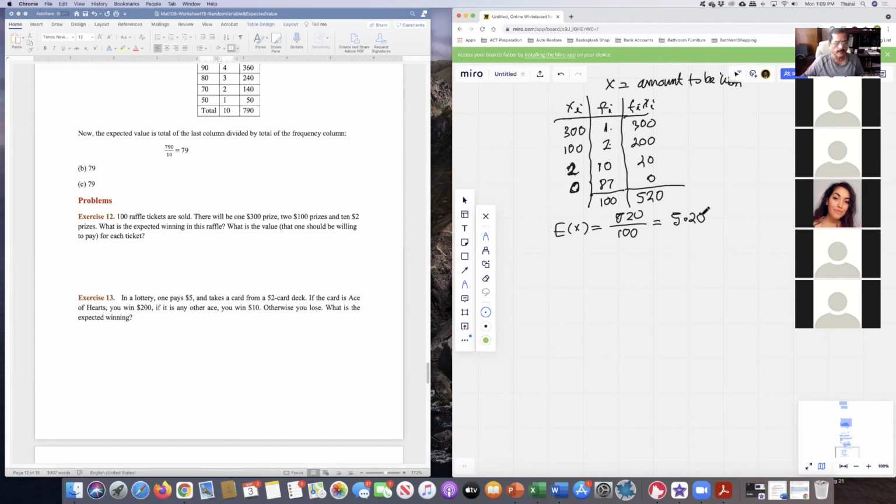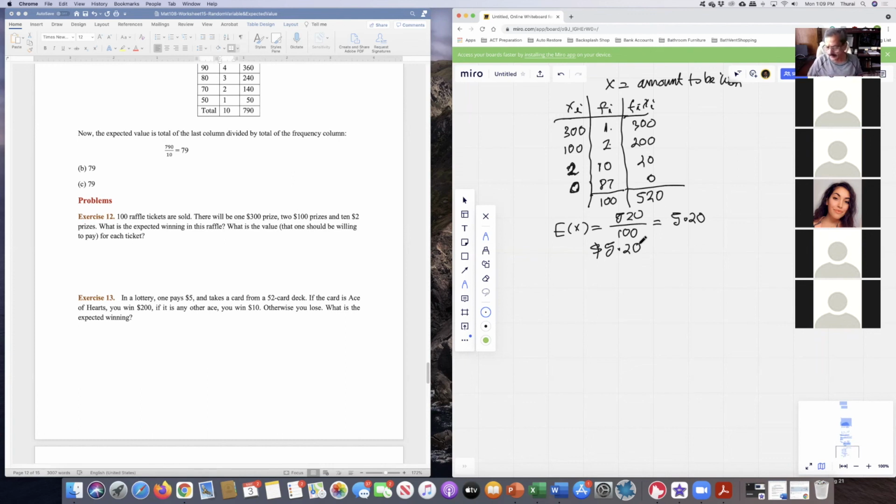So this is what we call expected winning. $5.20, that's your expected winning. So the expected winning is the price you're willing to pay for it. Some problems will ask the question this way: what price should you be willing to pay for this raffle ticket? $5.20, because you want to break even.